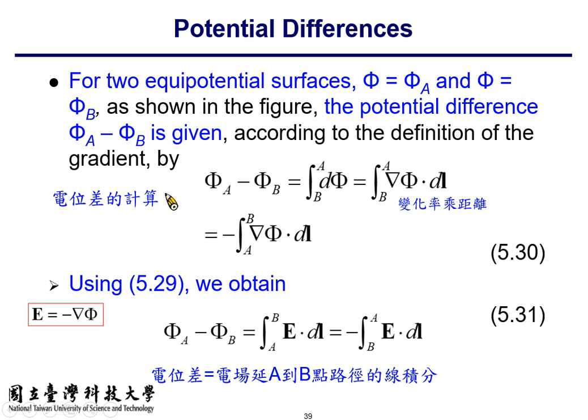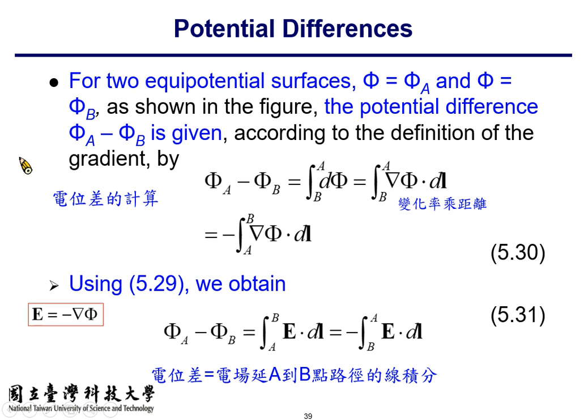Alright, so for two equal potential surfaces, that is phi A and phi B, the potential difference is simply the subtraction of the two, right? Phi A minus phi B. And it can also be expressed with the line integral from point B to point A, or as the line integral from point A to point B that sums up the potential difference.